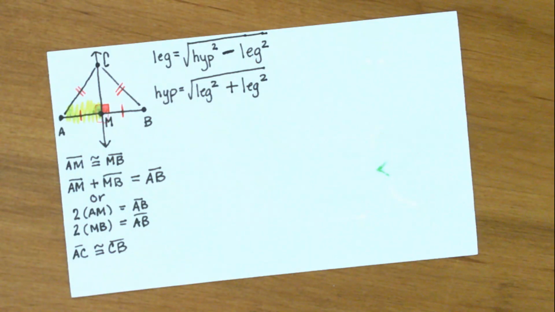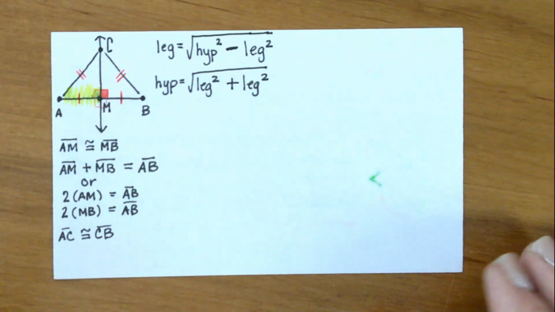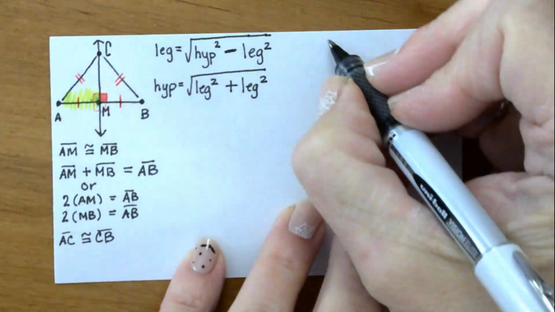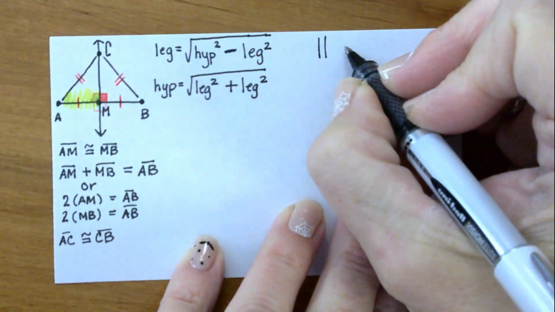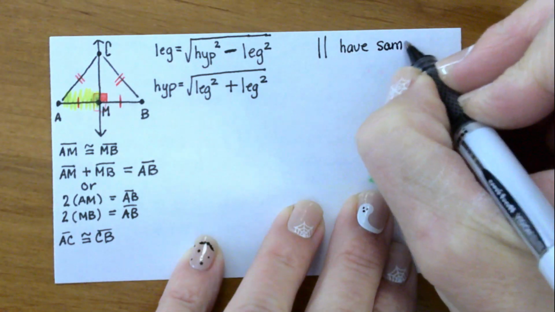Okay, the last little bit, okay, parallel and perpendicular lines. Parallel lines have the same slope.